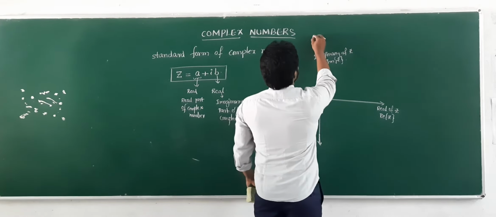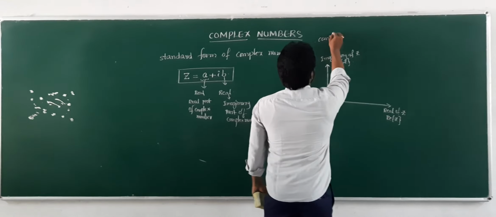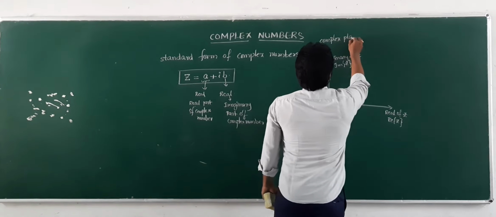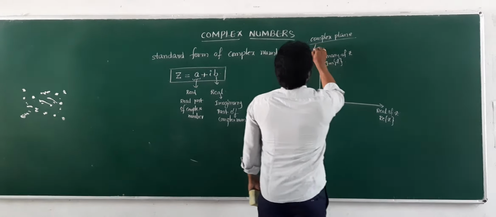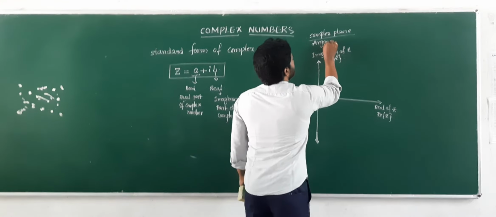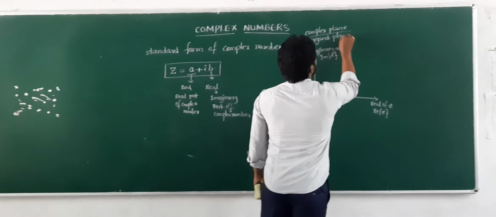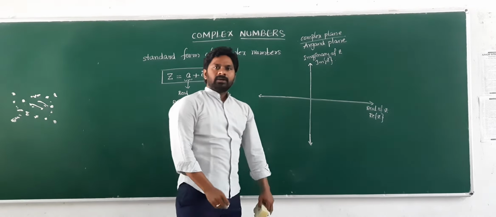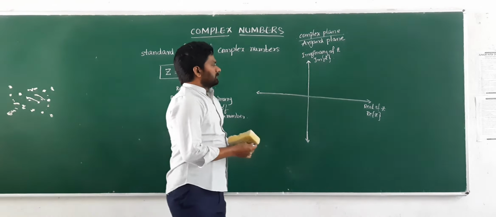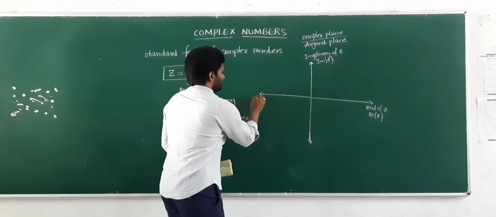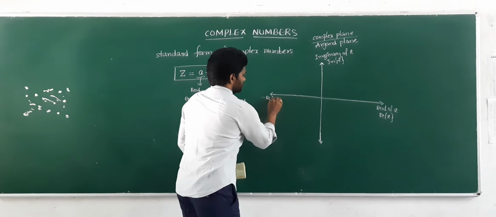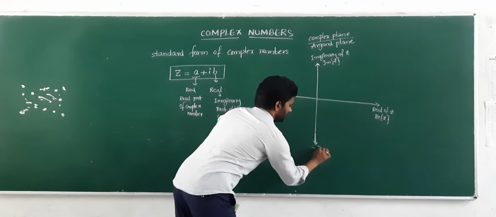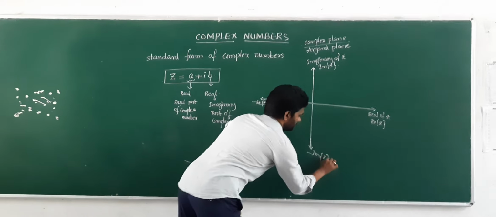This plot is called the complex plane or Argand plane. The negative directions are the negative real and negative imaginary.